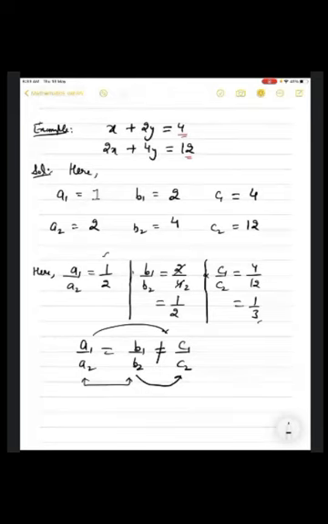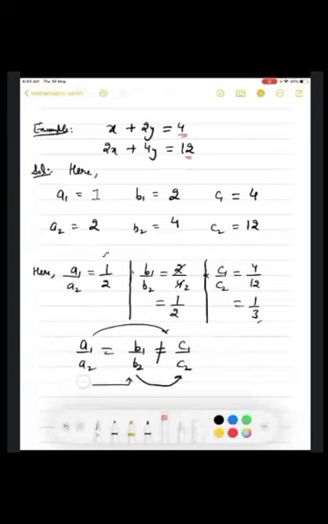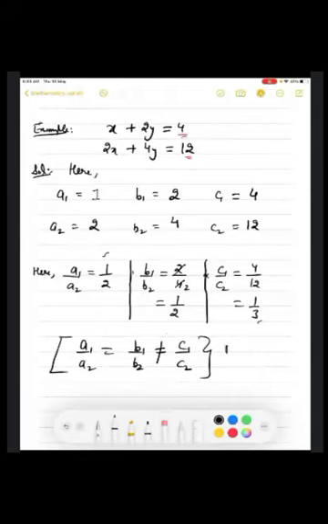When can we say that a pair of linear equations is parallel? If they meet this condition, A1 upon A2 is equal to B1 upon B2 is not equal to C1 upon C2, in such cases the pair of linear equations will be parallel.